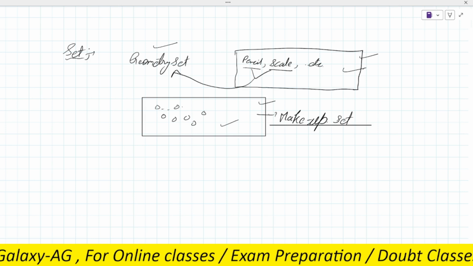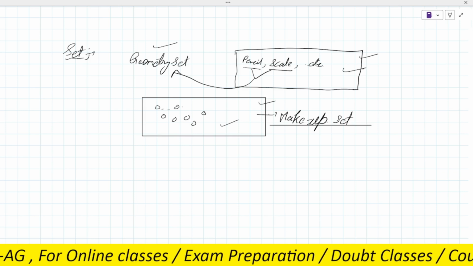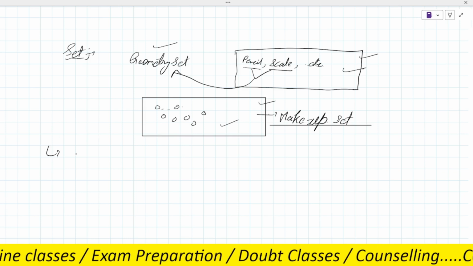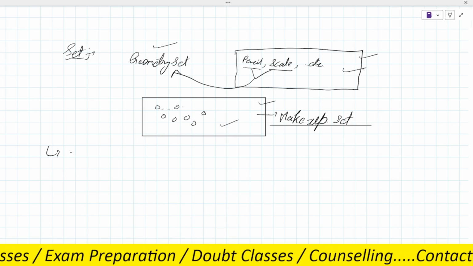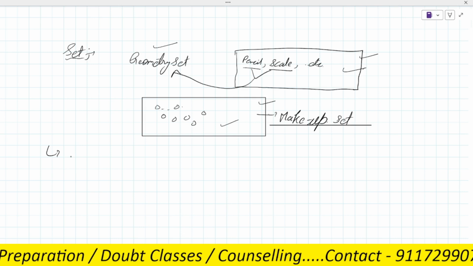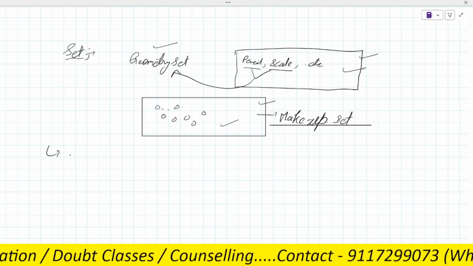So what we can say here is that a box contains what type of objects?